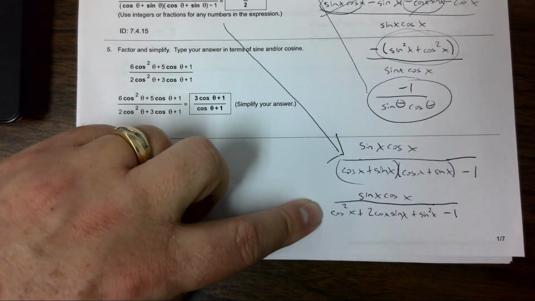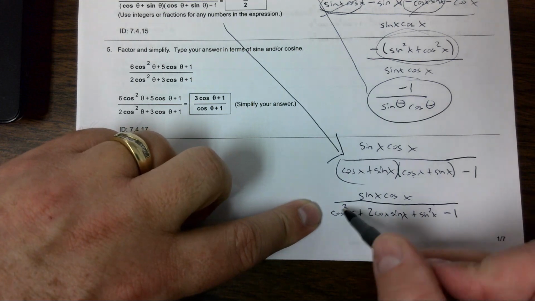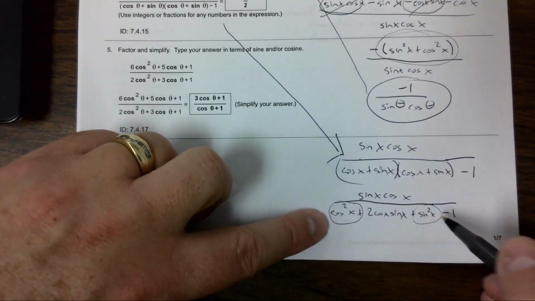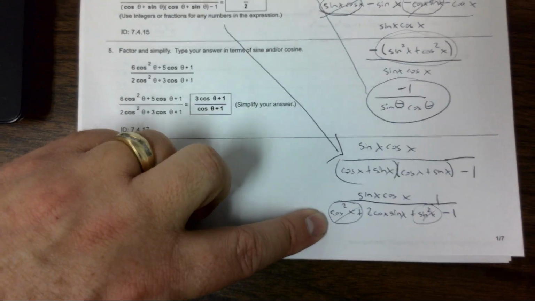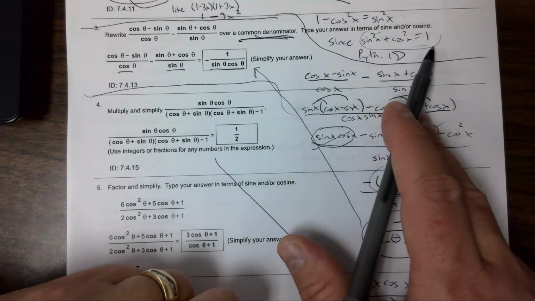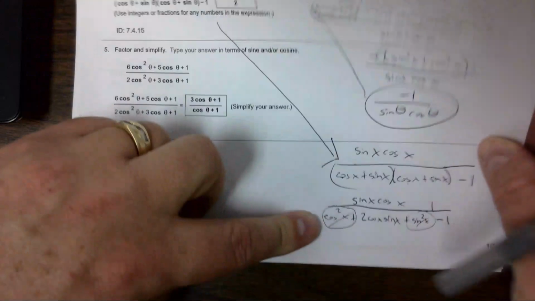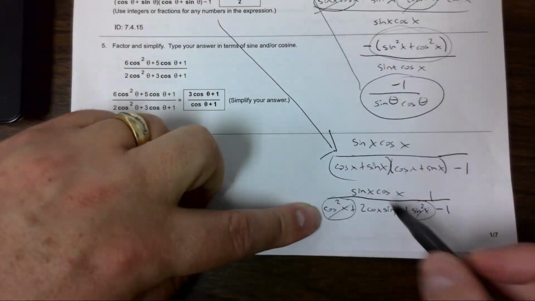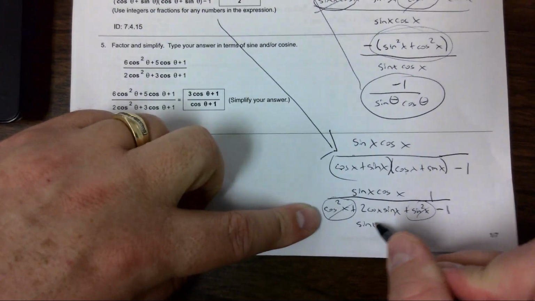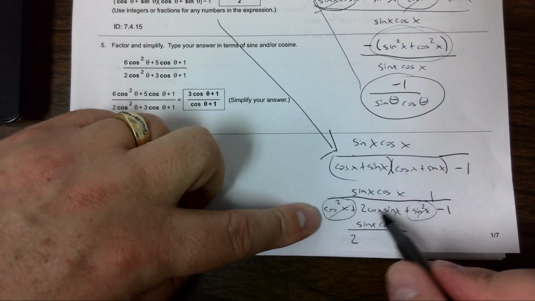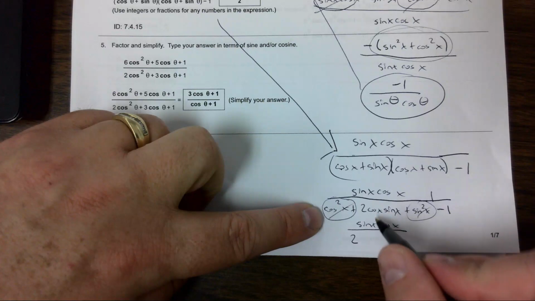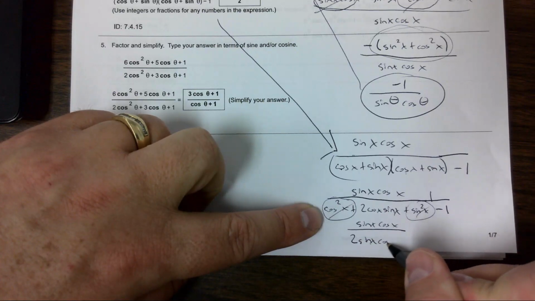Now, guess what? Cosine squared x plus sine squared x is 1. That's like somewhere else, right there. Cosine squared x plus sine squared x is 1. So that's substitution. And so then you have sine x cosine x on top, and 2, I'll go ahead and put it in the other form, sine x cosine x.